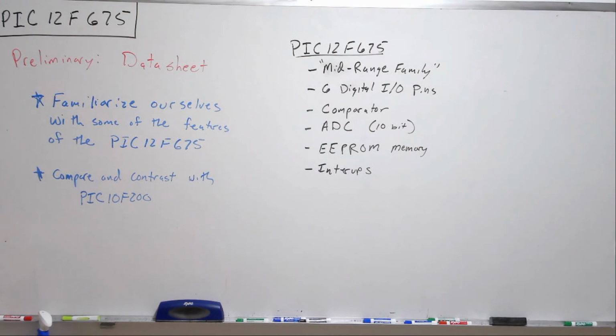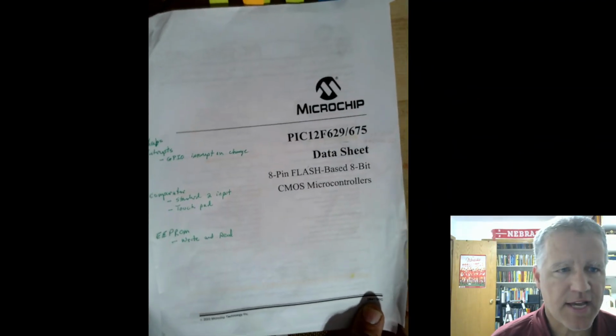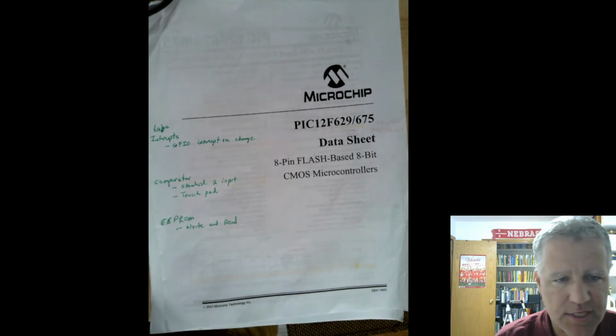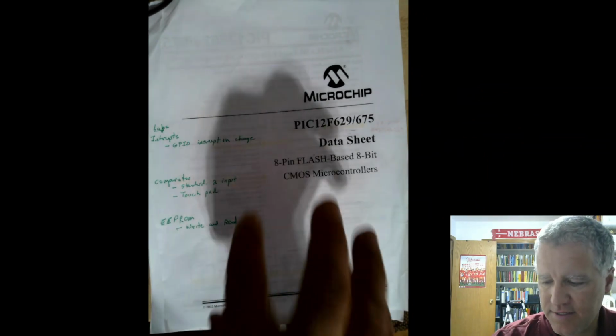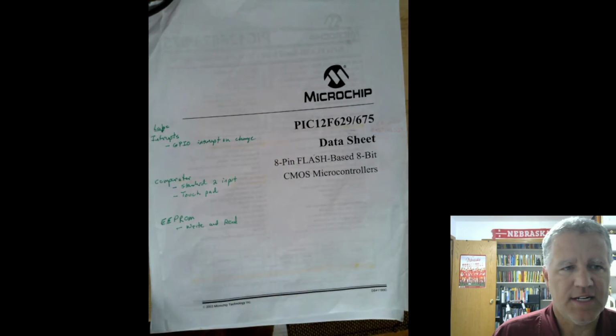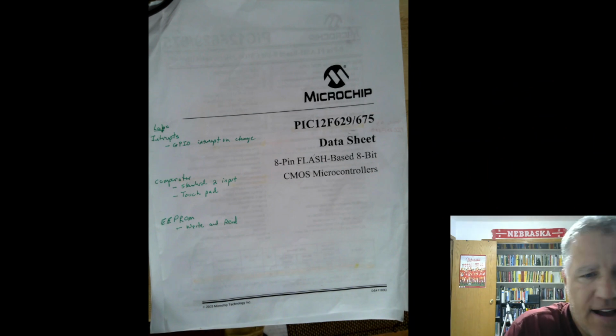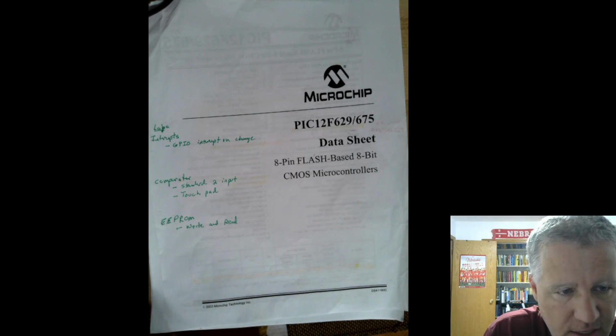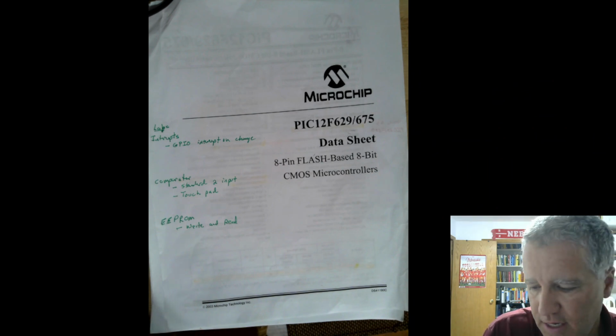So I'll go to the doc cam. Okay, so I would definitely suggest printing this off and following along. Some of this is going to be hard to see on this screen, and furthermore, you'll just want to have the data sheet with you when you're programming. It's completely free.